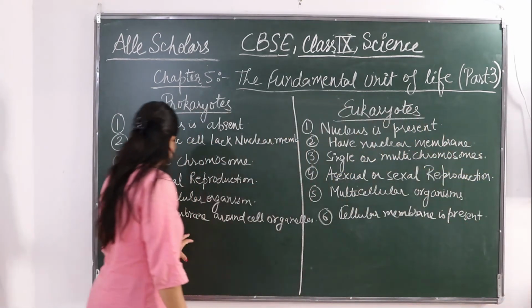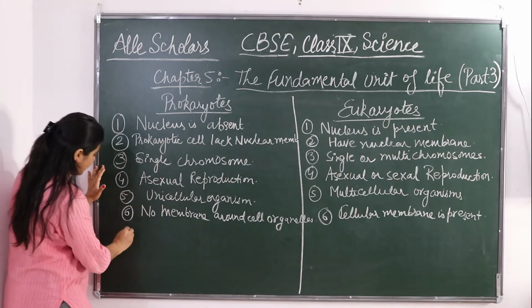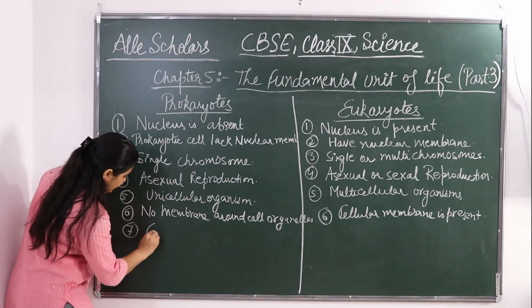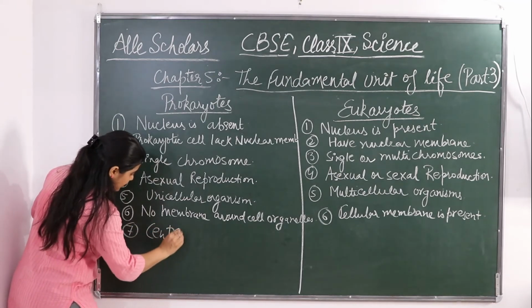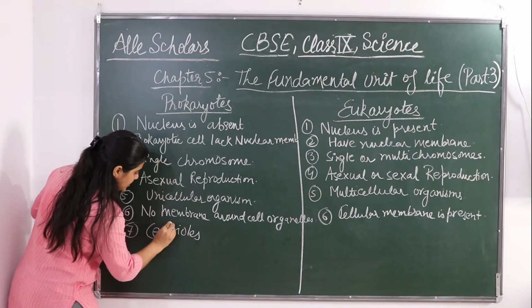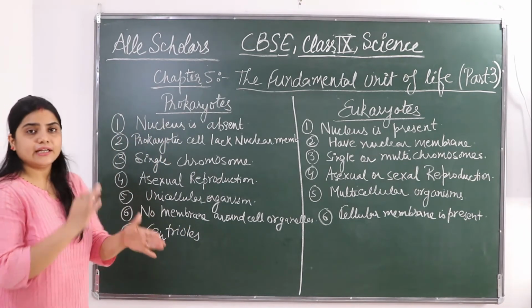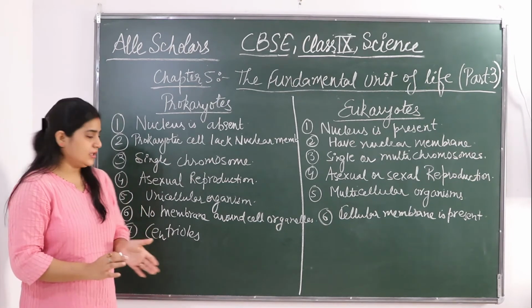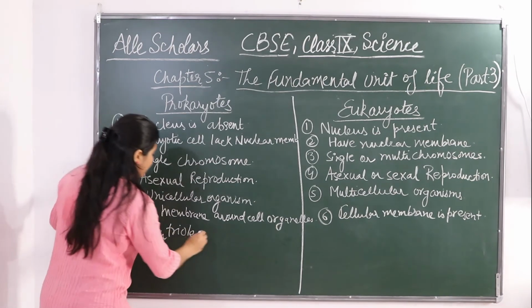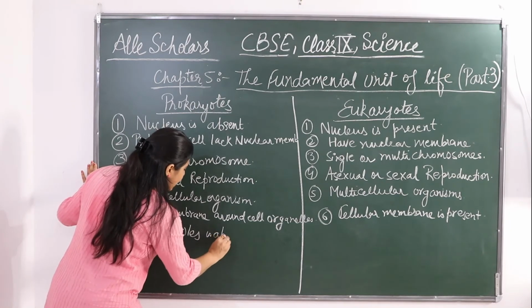Next, in the case of prokaryotes, the centriole is absent. Just now I told you about centrioles. We have just studied that they help in cell division. So in prokaryotes, the centriole is absent.